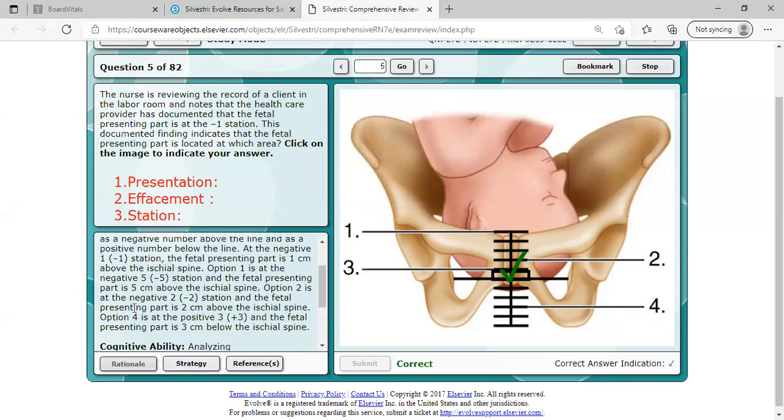Option 2 is negative 2 station, the fetal presenting part 2 centimeters above the ischial spine. Option 4 is positive 3, right? And the fetal presenting part is 3 centimeters below the ischial spine.